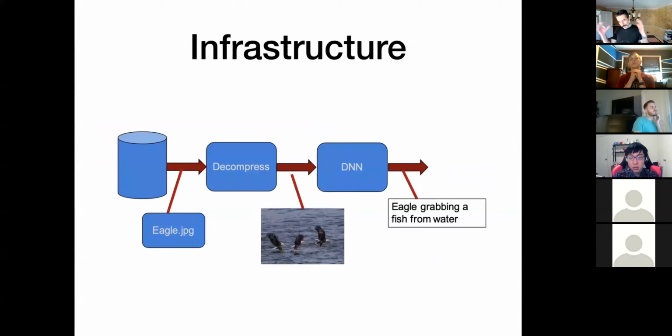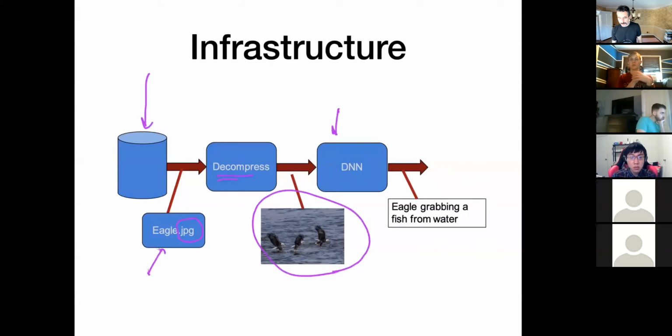And the whole pipeline, if you think about this, and if this is, for example, training, you store your images somewhere on your disk, you need to load them up. Typically, they're in some compressed format like JPEG. You need to decompress it, and then once you have the raw image, you do your calculation with the DNN and generate your output.